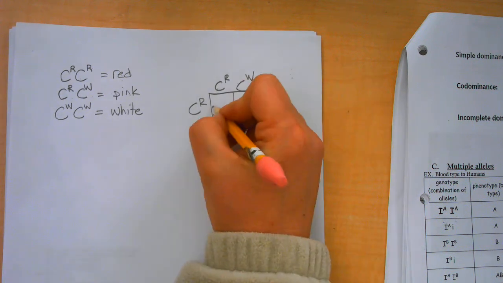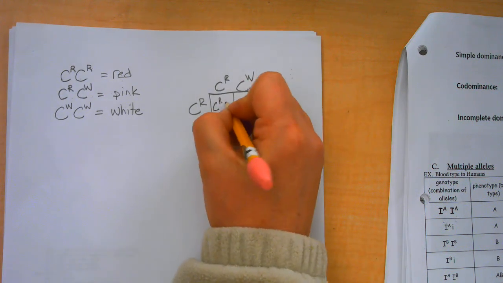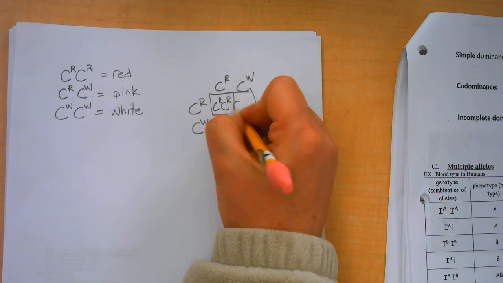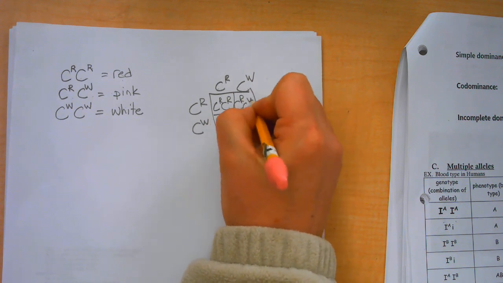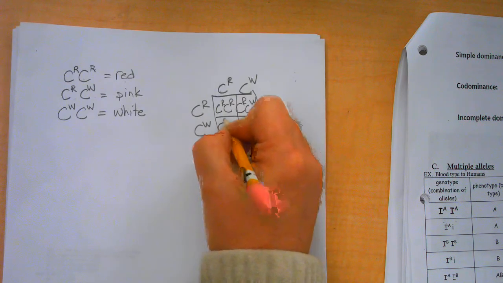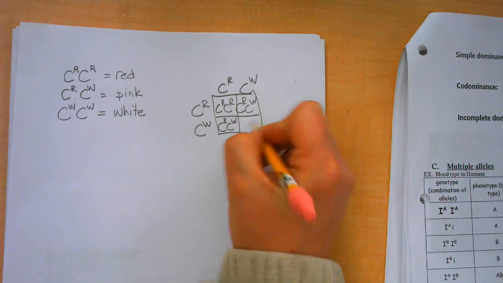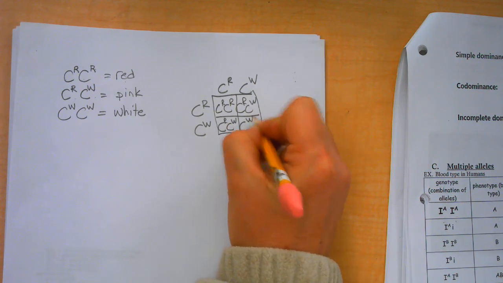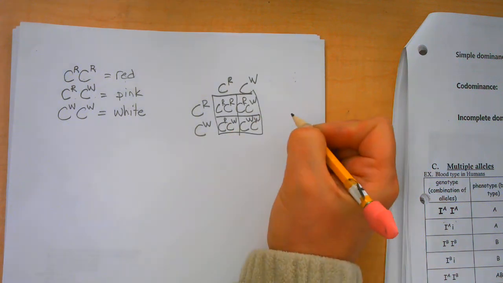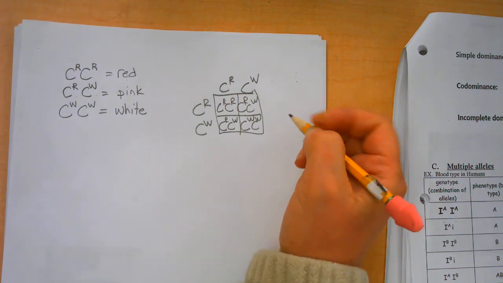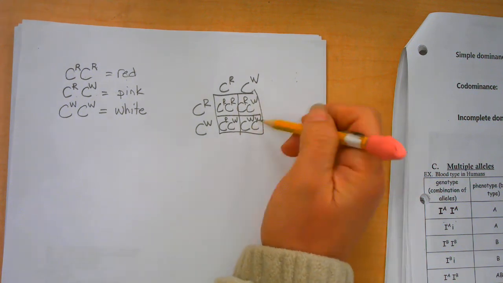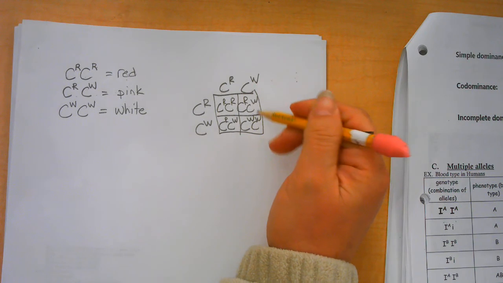So, one possibility is CR-CR, CR-CW, CR-CW, and CW-CW.